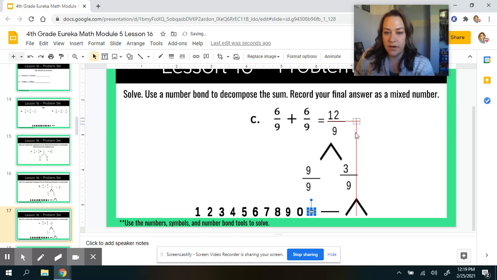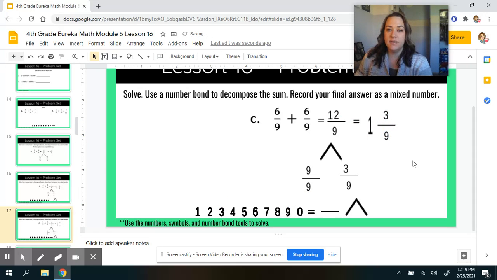And then we can rewrite our answer as 1, because that 9 ninths is equal to 1, and 3 ninths. So 6 ninths plus 6 ninths gave us 12 ninths, which is equivalent to 1 and 3 ninths.